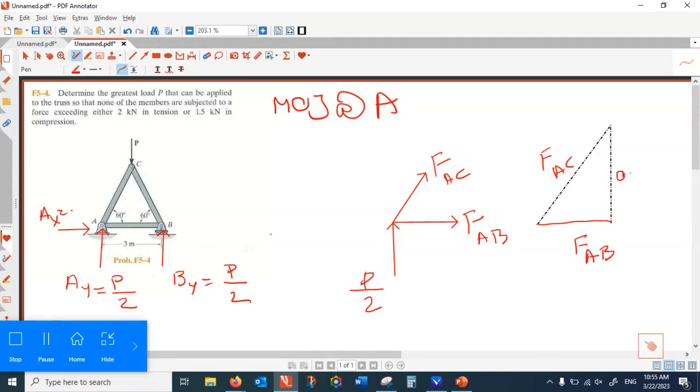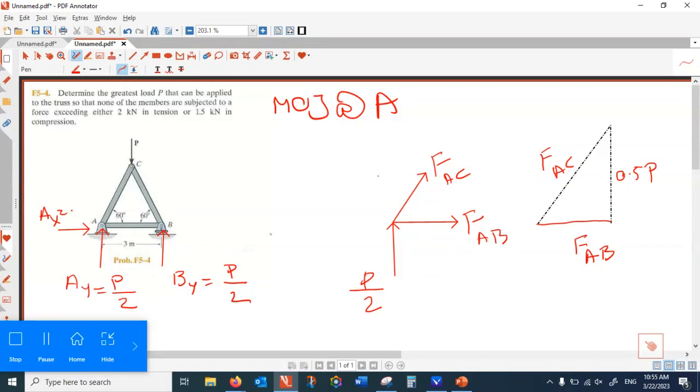And this one is half P. Here, I assume that both forces are in tension, but we know that this is not feasible.